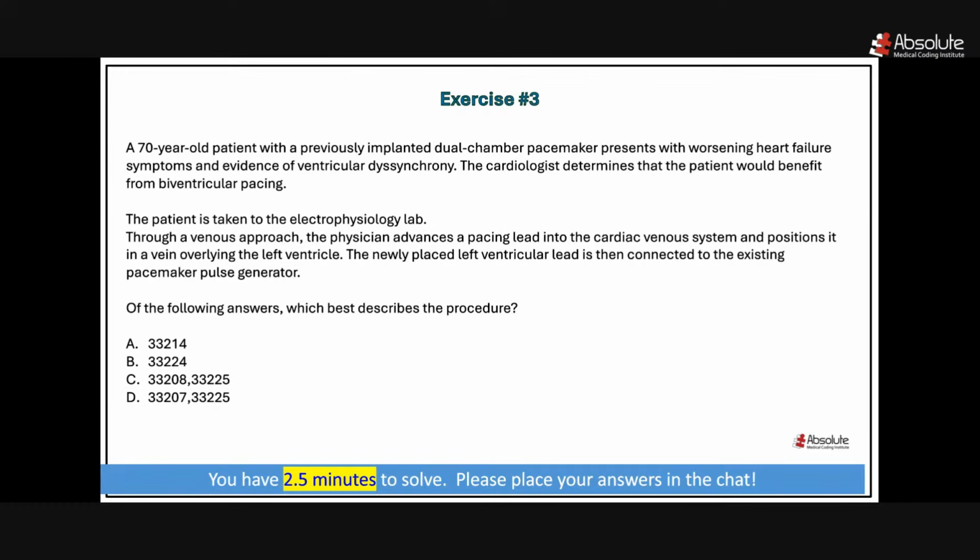The physician advances a pacing lead into the cardiac venous system and positions it in a vein overlying the left ventricle. The newly placed left ventricular lead is then connected to the existing pacemaker pulse generator. Of the following answers, which best describe the procedure? All right, coders, your time begins now.